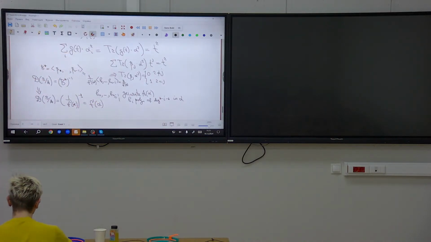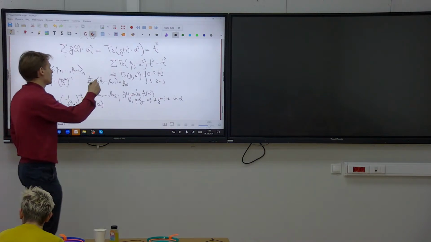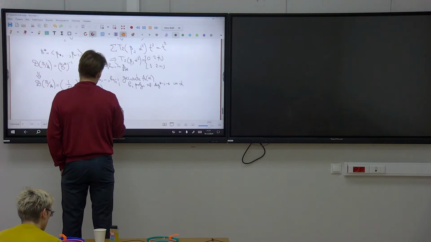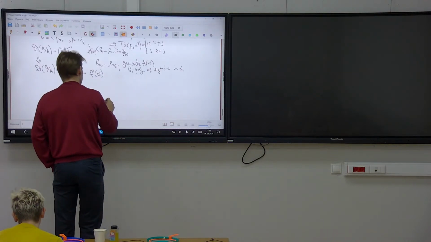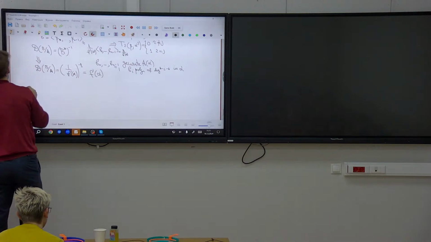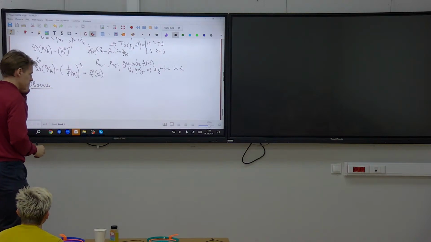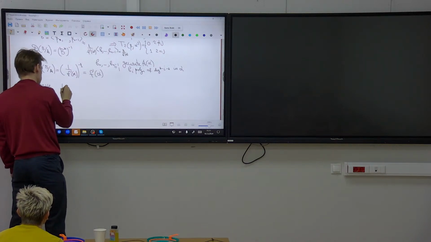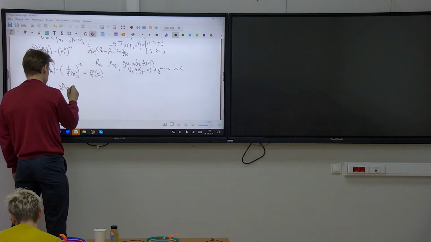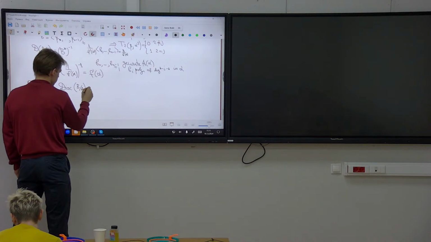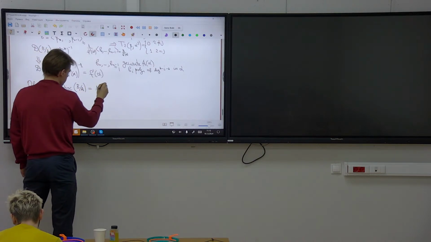And now let us see that the discriminant is what we expect. So just let us observe that we have proved that the discriminant is a norm of the different.